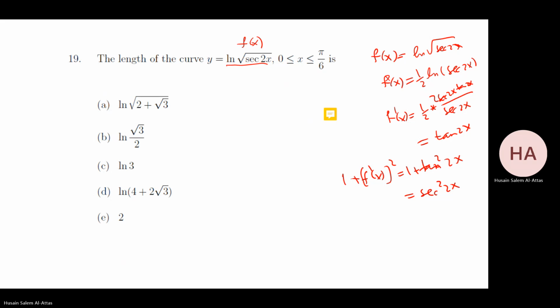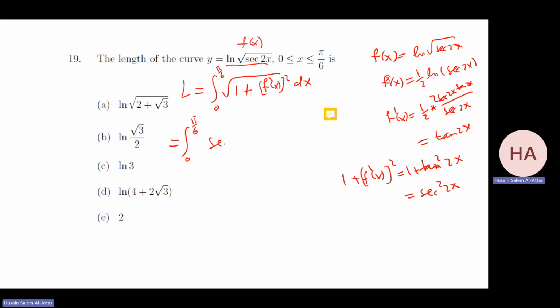Okay. Then I have what? The length L will be from 0 to pi over 6 square root of 1 plus f prime of x all squared dx. That's 0 to pi over 6 secant 2x dx.